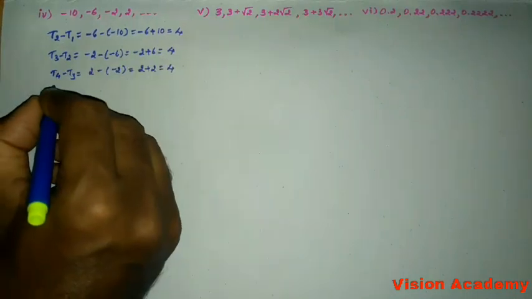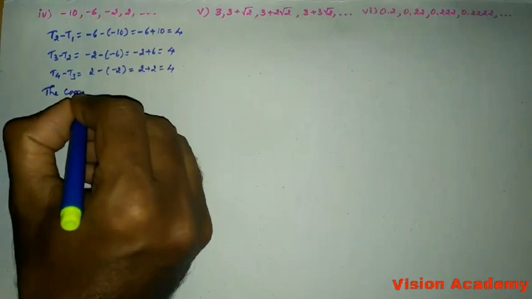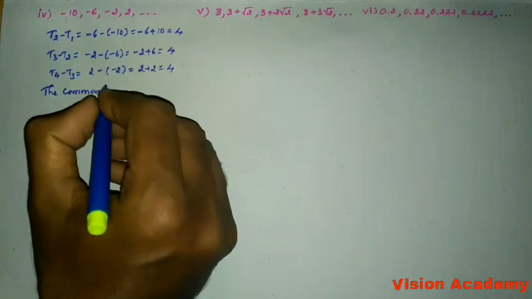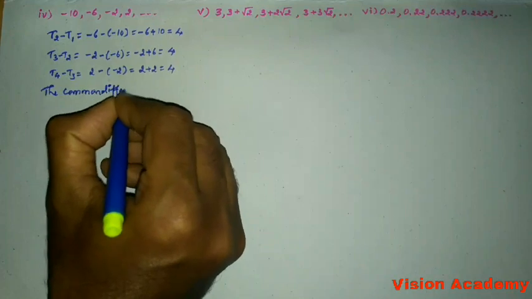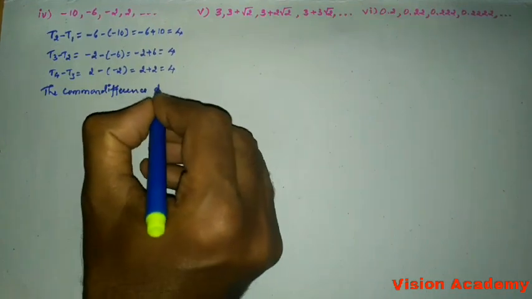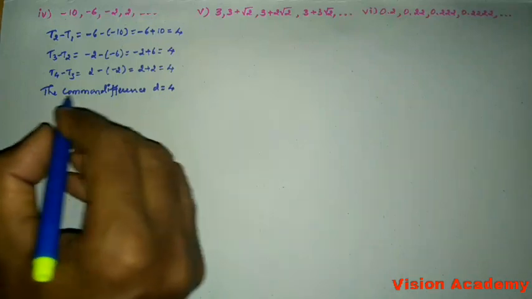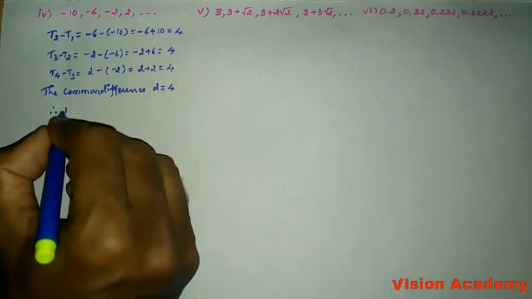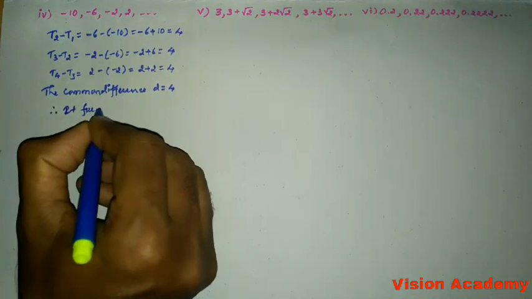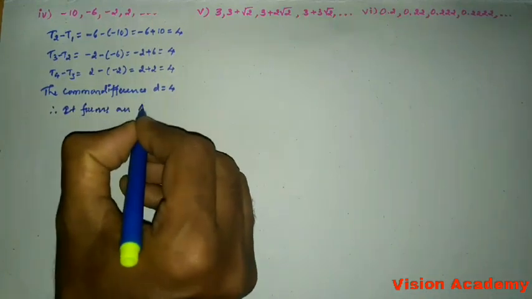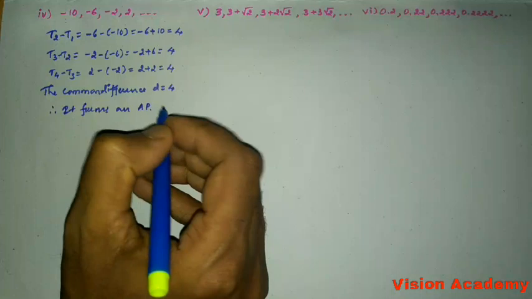So here the common difference D is equal to 4, which is the same. Therefore it forms an AP.